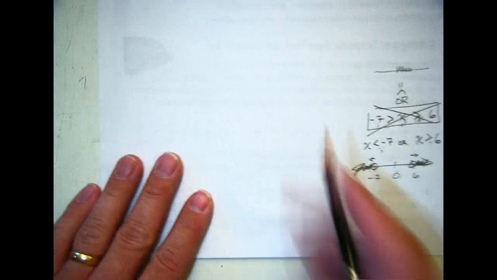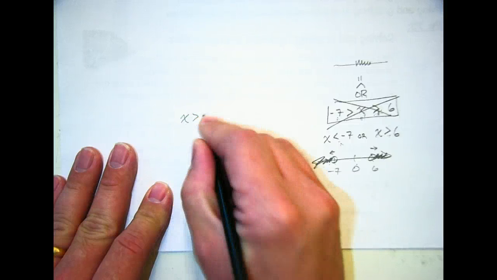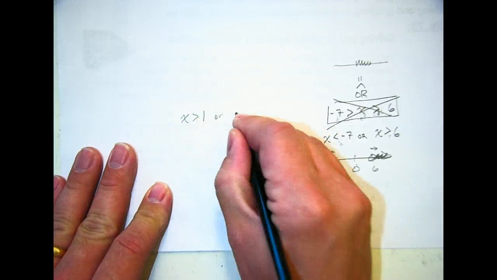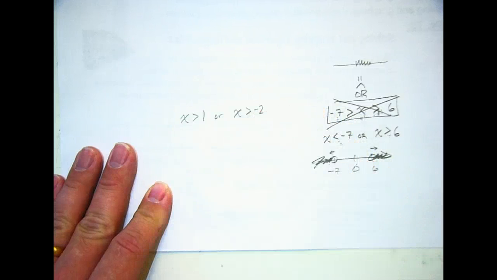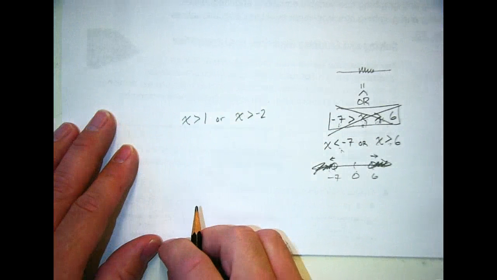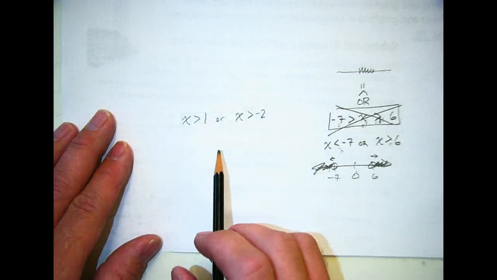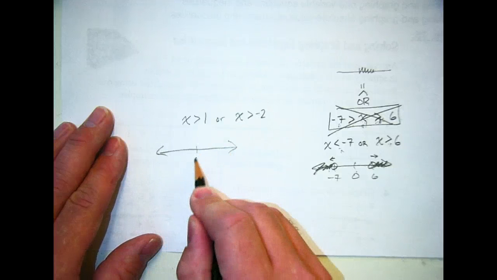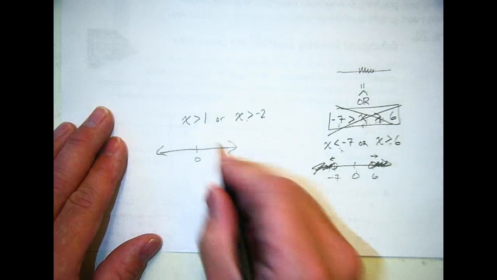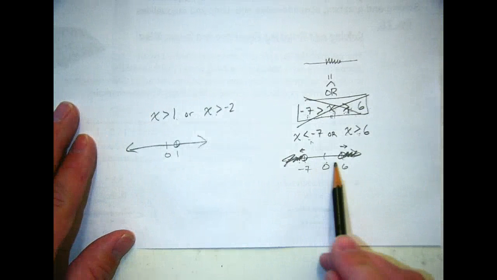Okay, let me give you an example of an "or" like this one. X is greater than 1 or x is greater than negative 2. Now that's an "or" where there's an overlap. Sometimes with your "or" graph, you have to recognize what they're saying. I've just told you it looks like the dude that's going bald in the middle.